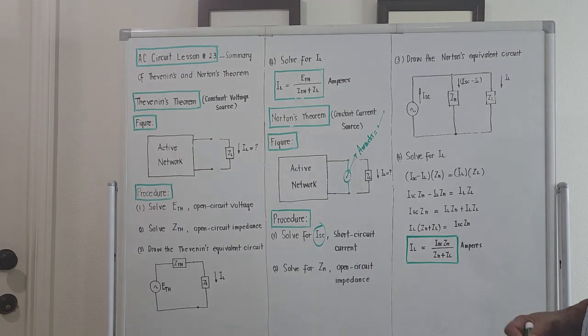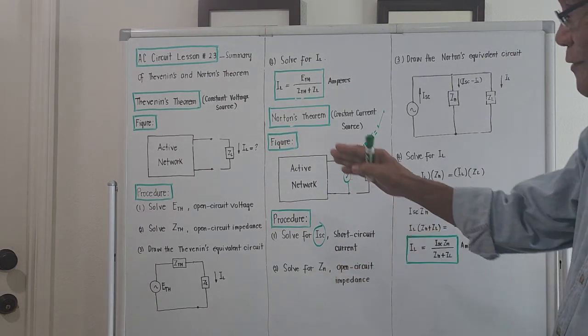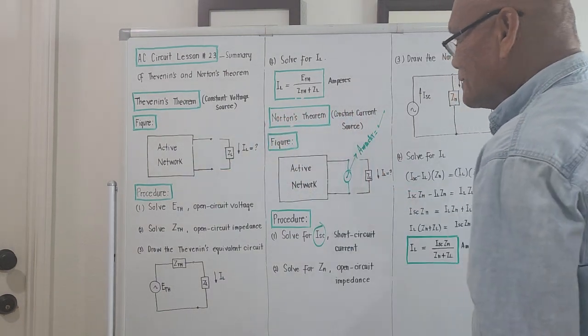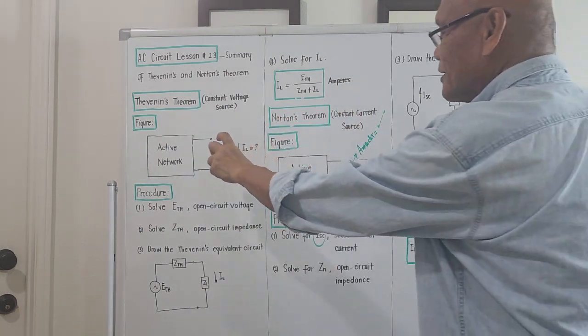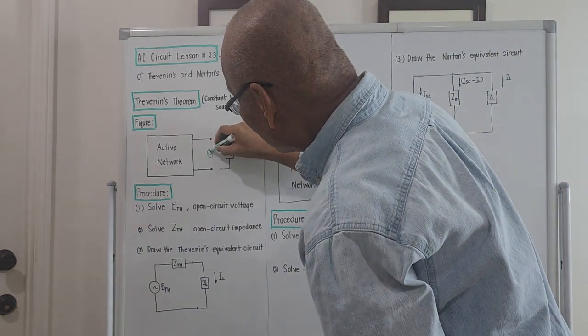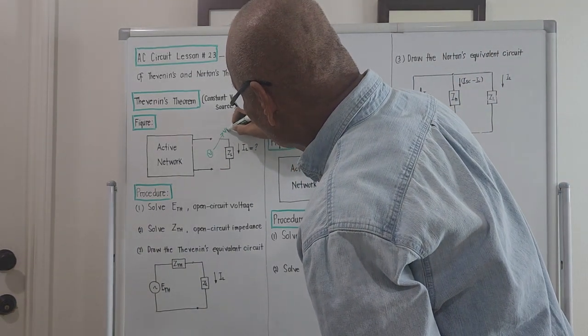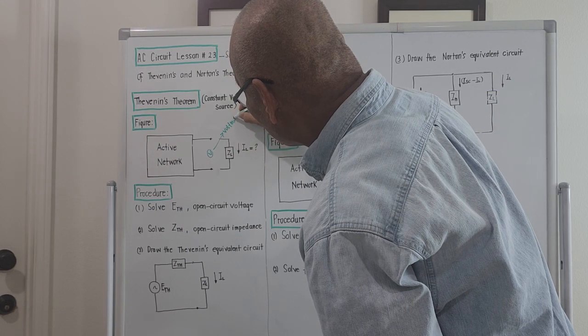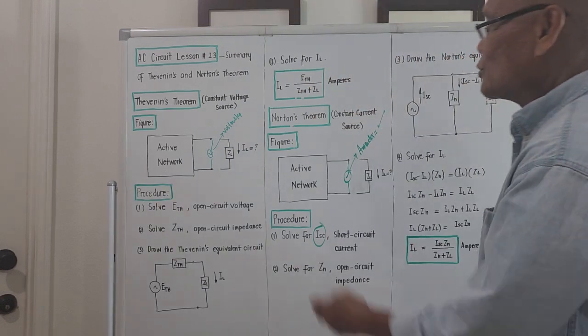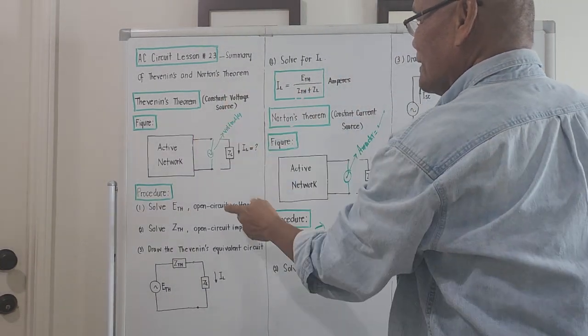Okay? So you see now the difference for Thevenin's and Norton's. For Thevenin's, what you will do is take the voltage reading over here. So you will place a voltmeter over here, right? That's why it is a constant voltage source.